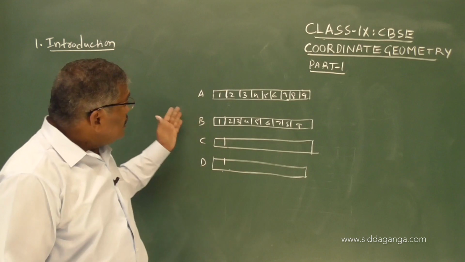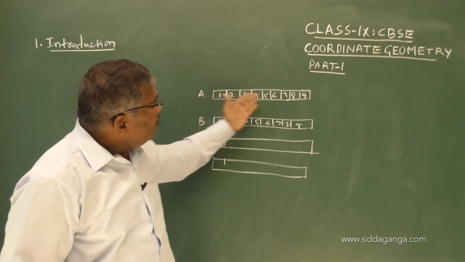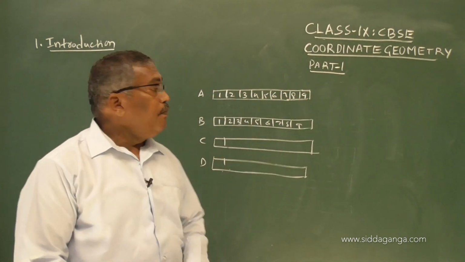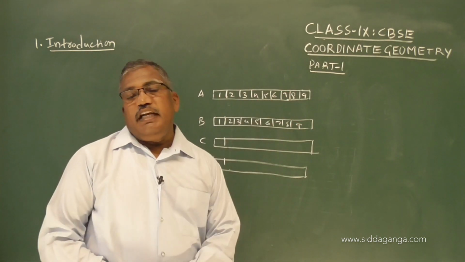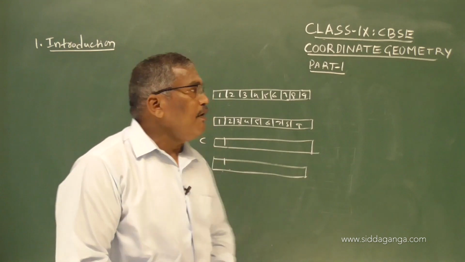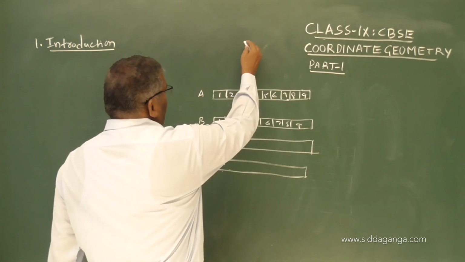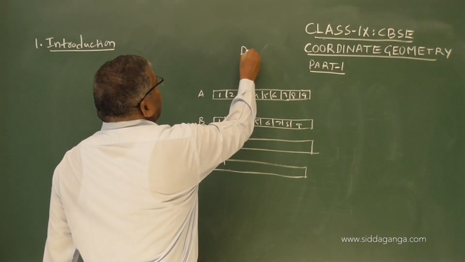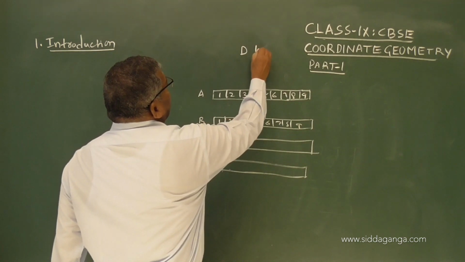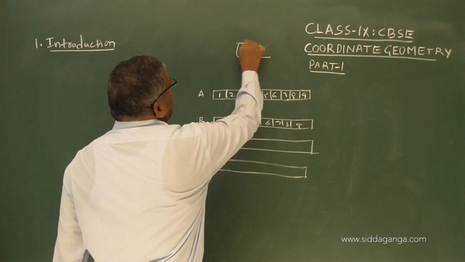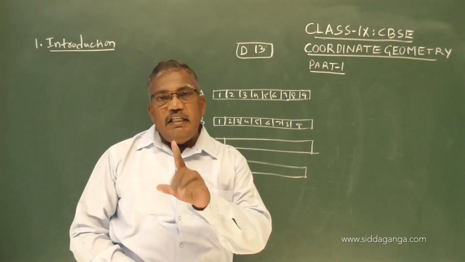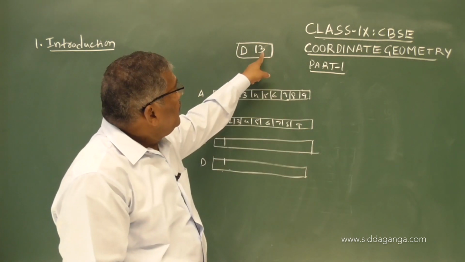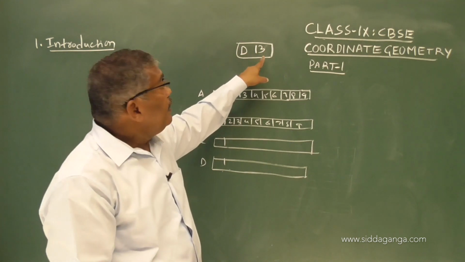So in each row, this is known as the row, one row. In each row, the same numbers will be there. Suppose your ticket is having, say, my ticket is D13. D13 is your ticket. It is having two references. One, your seat number is 13 in D row.